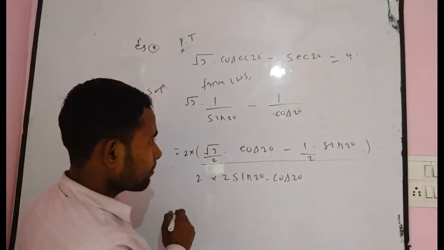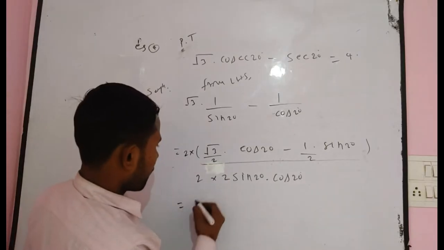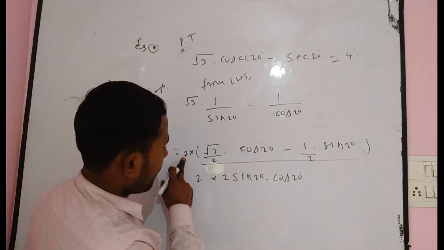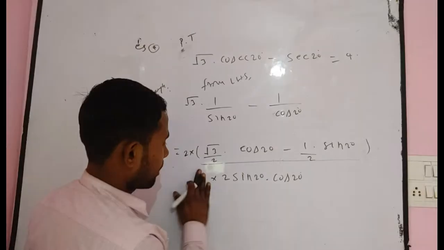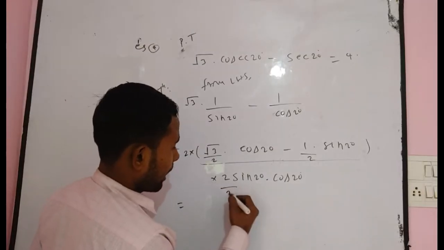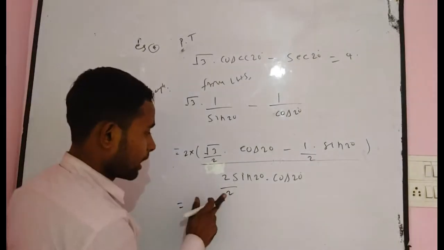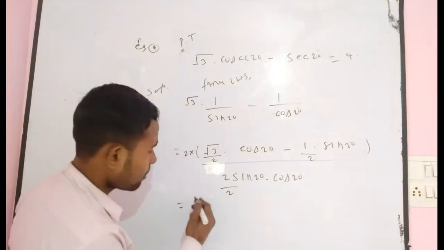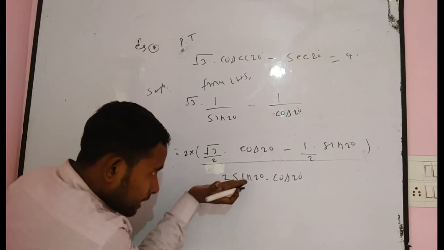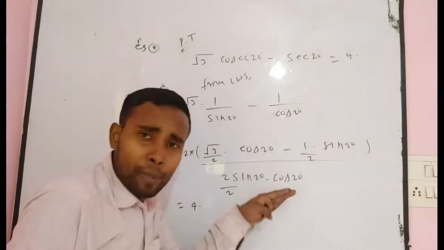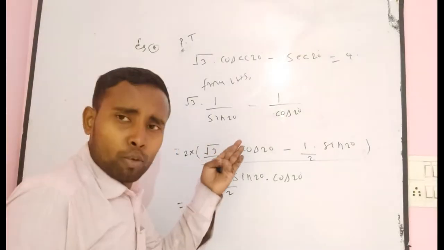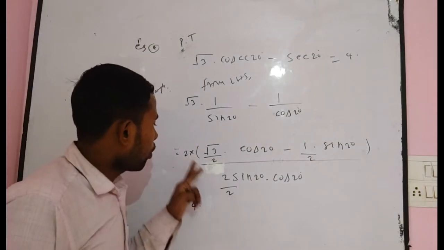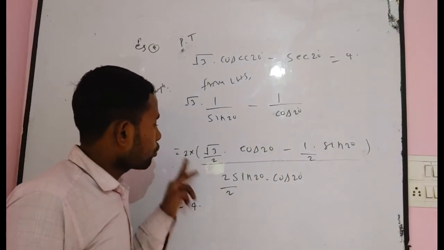Now it becomes 2, and this also becomes 2. You have to write this expression. This 2 and this 2 become 4, because it is the denominator of the denominator, so it goes in the numerator. Then it becomes 2 into 2, 4.